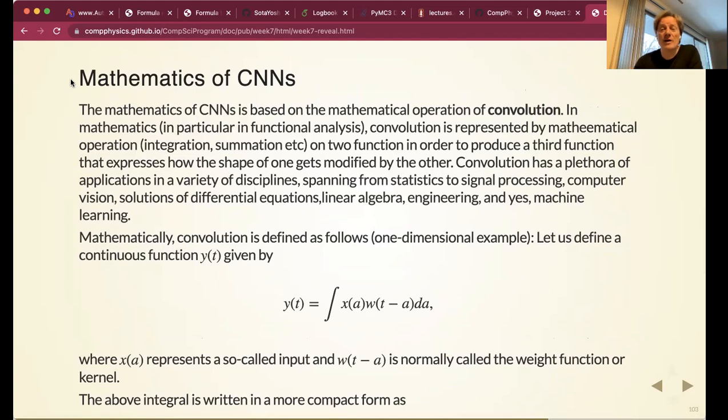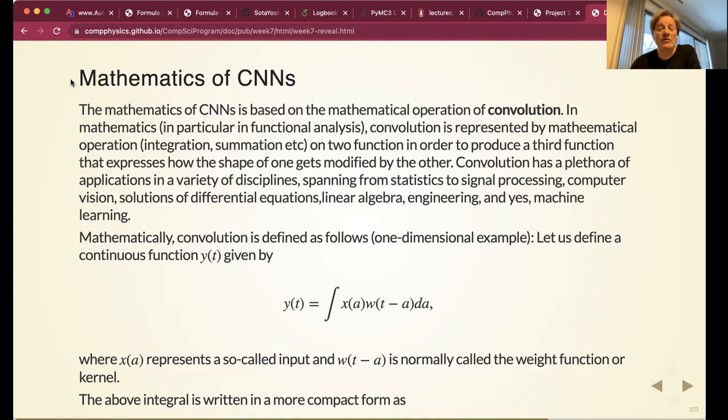The way we're going to do that is to use TensorFlow and its API on top of it. The API is called Keras, K-E-R-A-S. It's a very useful API, which allows us to set up a convolutional neural network in a very flexible way. And we are going to discuss these details.